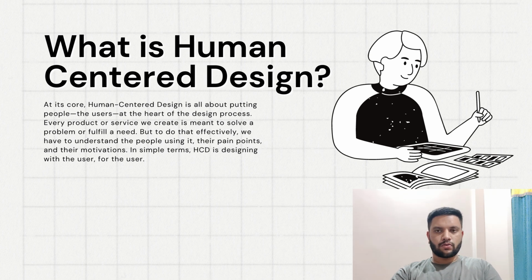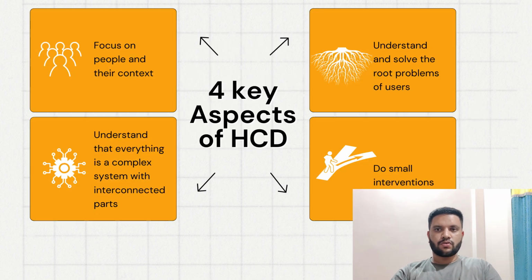It's all about the design system in which we design the solution by keeping the user in the center of the design, or we can say we are keeping the user in the heart of the design. We do this by focusing on four key aspects: understanding the people and the scenario, like the situation in which they are, finding the actual underlying cause of the problems, and understanding that everything is interconnected and part of a complex system.